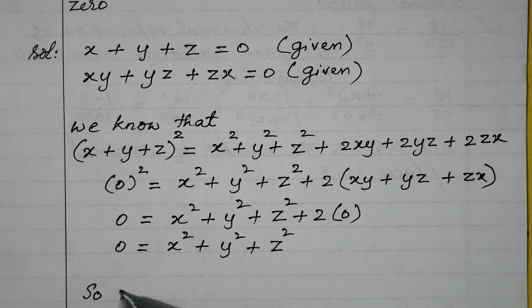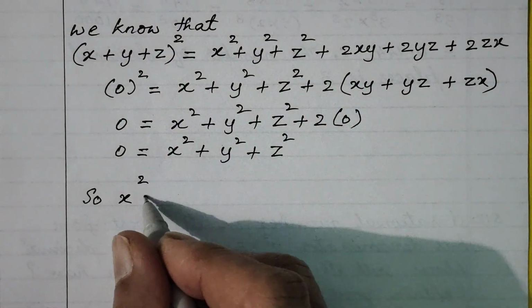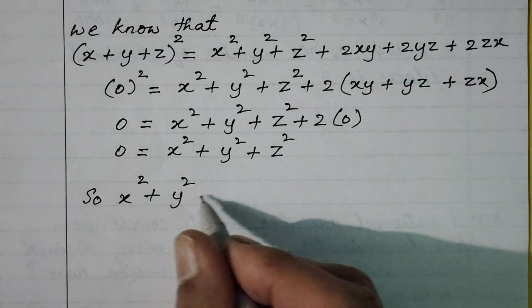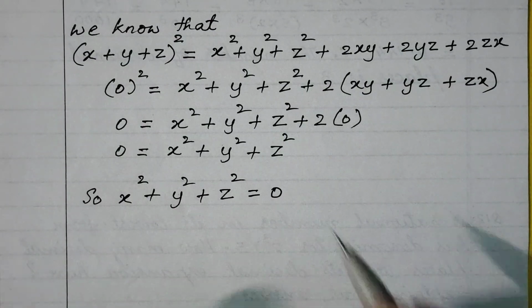So x square plus y square plus z square is equal to 0.